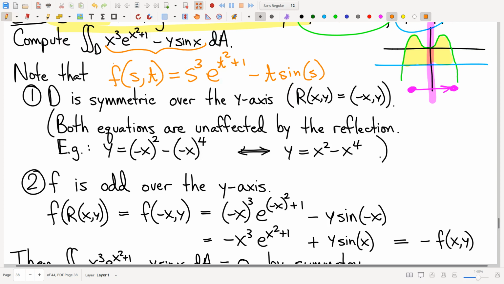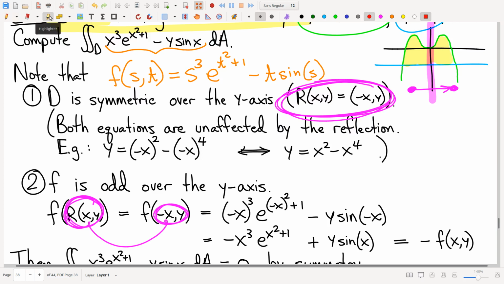And now, when I say that I'm going to plug in this reflection, negative x comma y, into my function, I'm very literally and unambiguously saying this minus x is my s.